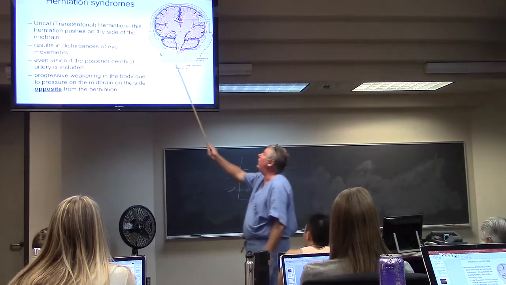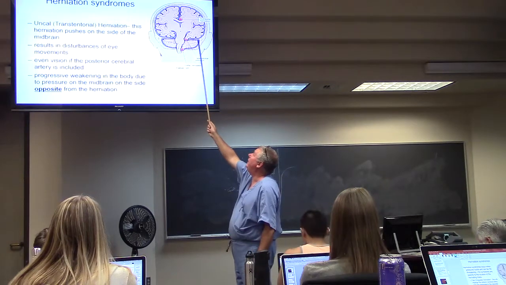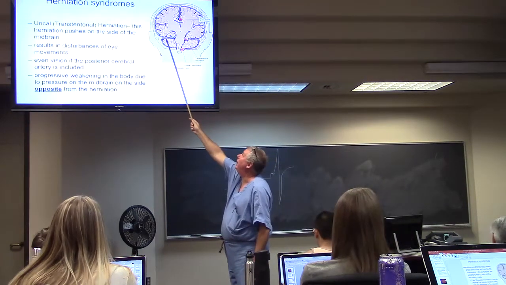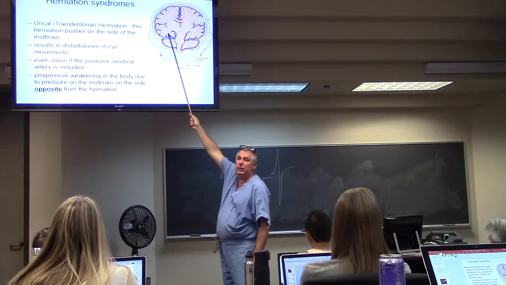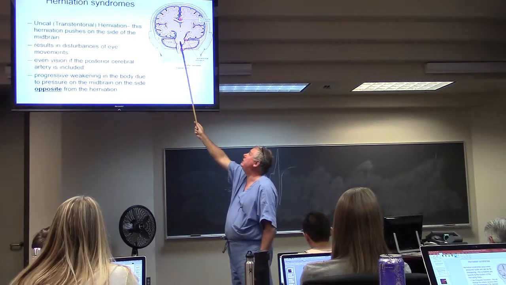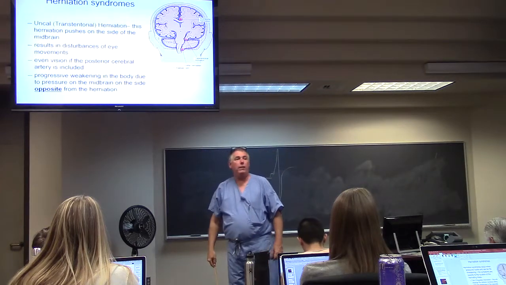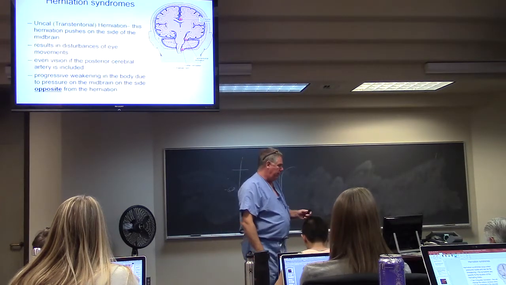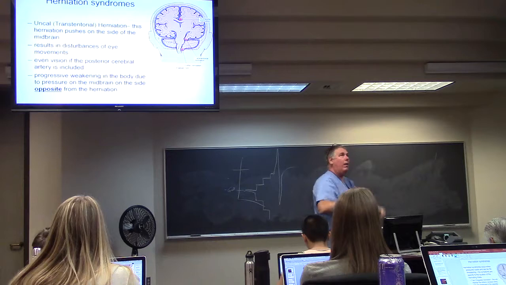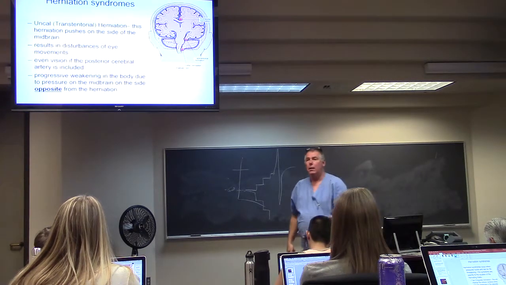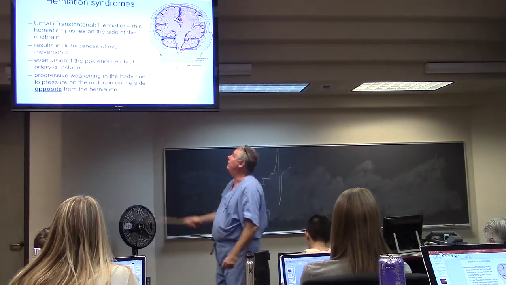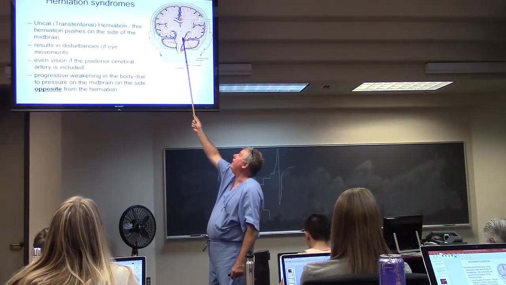Transtentorial or uncal herniations occur right here. That right there is the tentorium cerebelli, separating the occipital lobe from the cerebellum. This is the posterior cranial fossa here. So this is the uncus, it's a part of the temporal lobe. So the herniation is down. Because cranial nerves 3 and 4, and we'll go over this tomorrow, are right there.